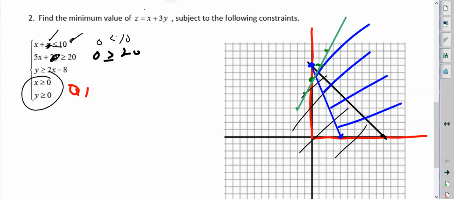And I'm going to plug in 0, 0 again. So 0 is greater than or equal to -8. That is true. That means I'm going to shade everything this way.